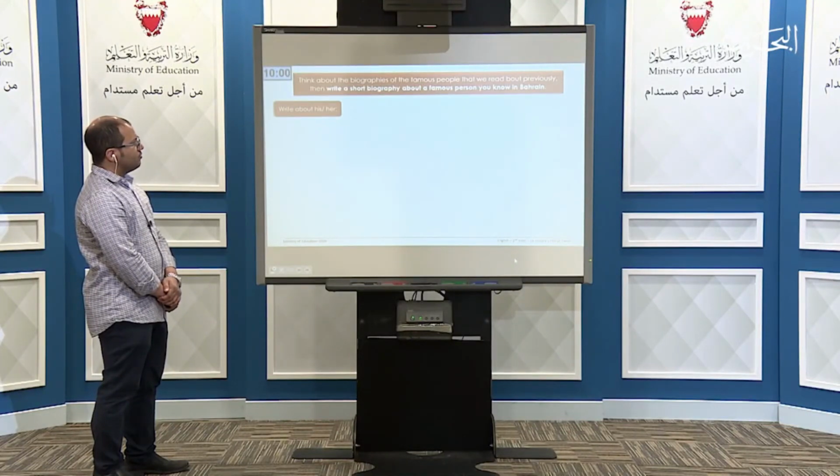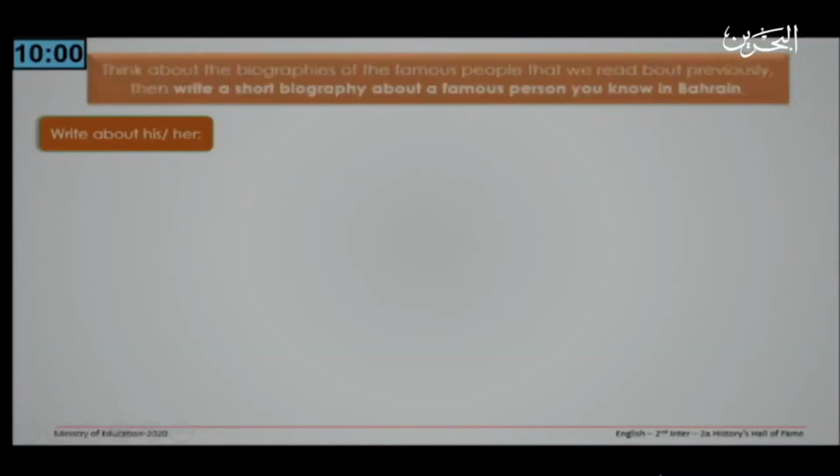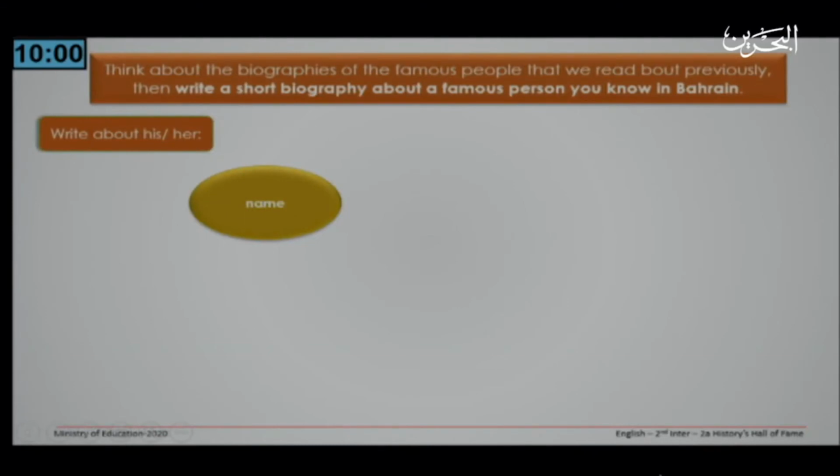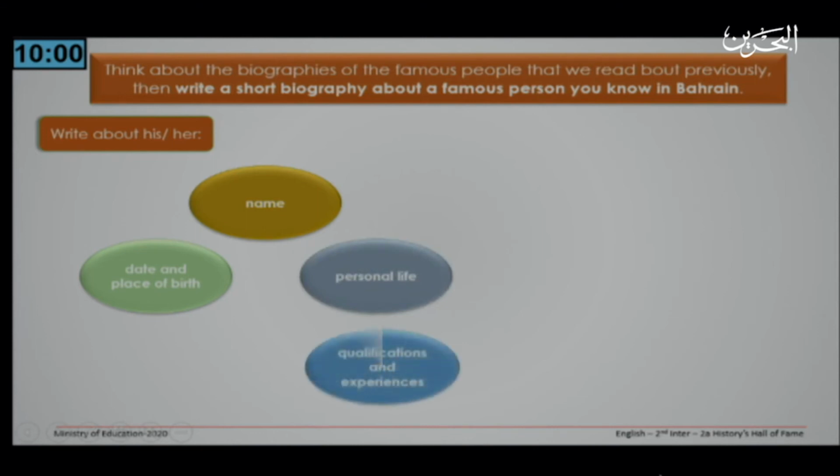You should include the following in your writing: the name of that person, his or her date and place of birth, his or her personal life, his or her qualifications and experiences, and his or her famous works.